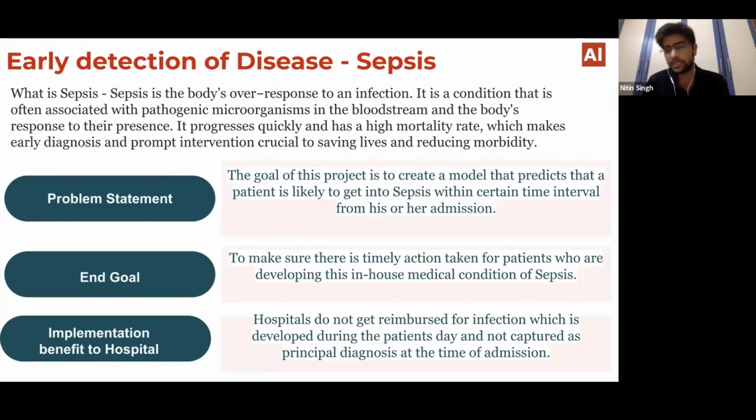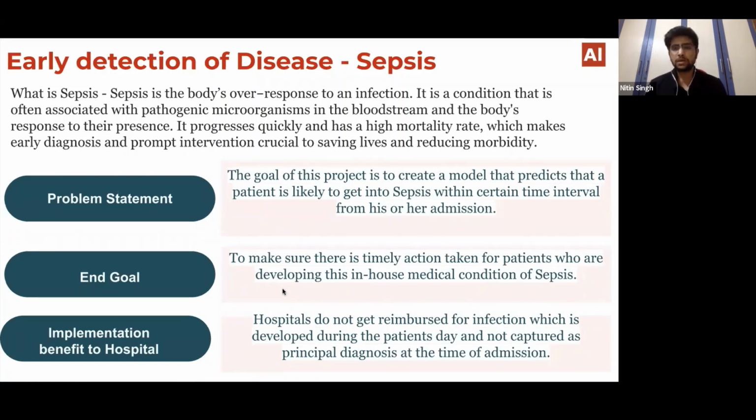Maybe a clinician or someone with a biology background would understand this better. But for us as data scientists, what we see in sepsis is the problem statement, the end goal, and the implementation benefit to the hospital.